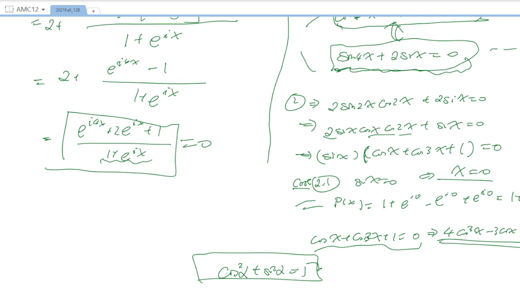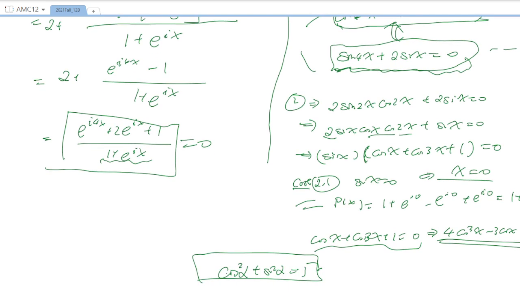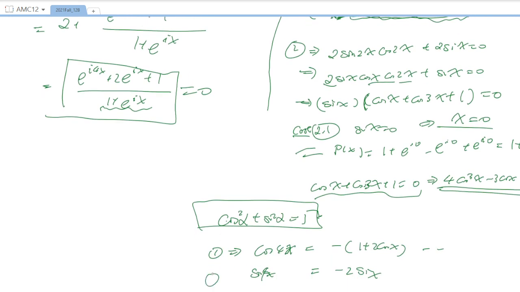I like to do this: cosine 4x equals negative 1 minus 2 cosine x. And from 2, sine 4x equals negative 2 sine 2x. So this is 3 and this is 4.